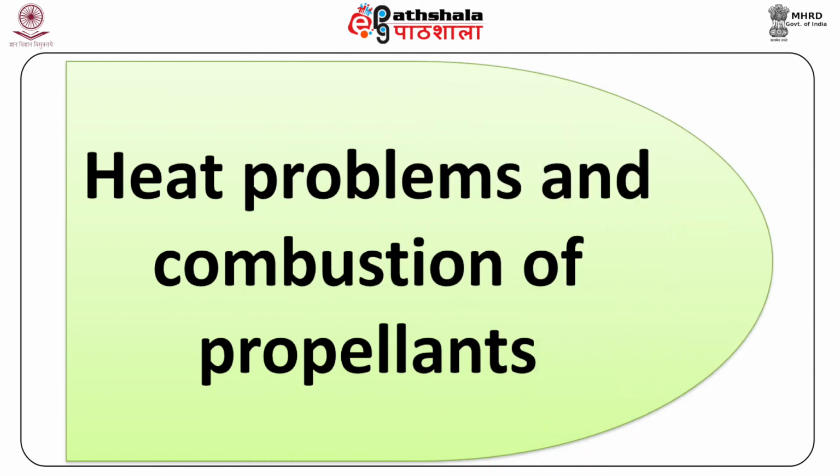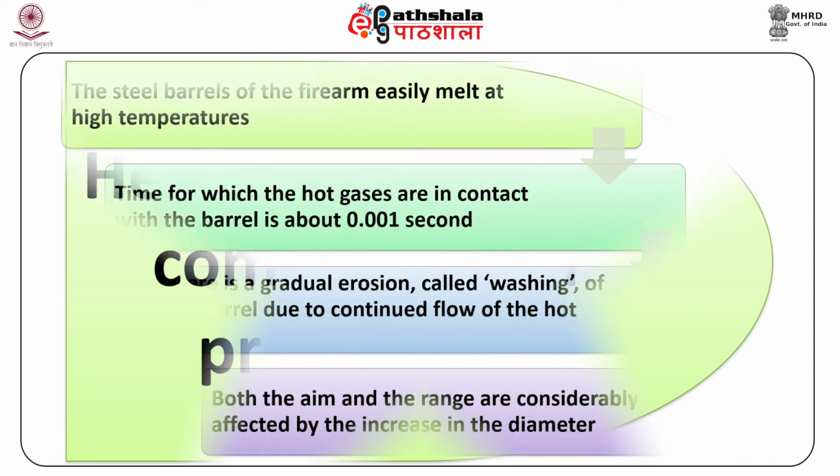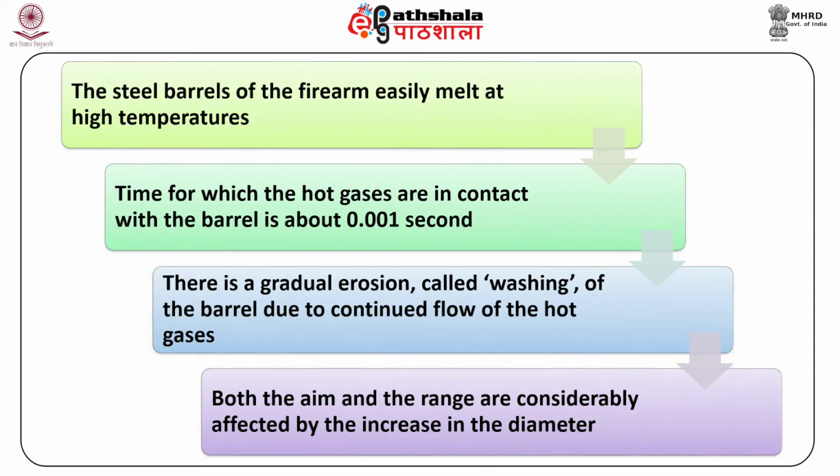Next is heat problems and combustion of propellant. During the combustion of propellants, the temperature often reaches 3000 degrees Celsius. The steel barrels of the firearm would easily melt at these temperatures if gases at this temperature remained in the barrel for any appreciable time.